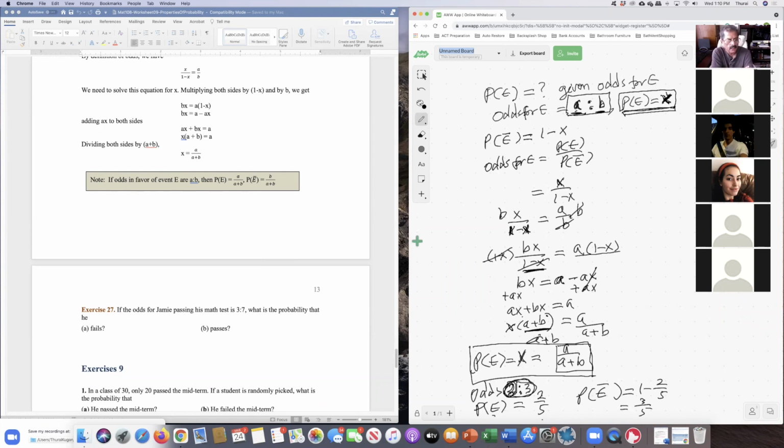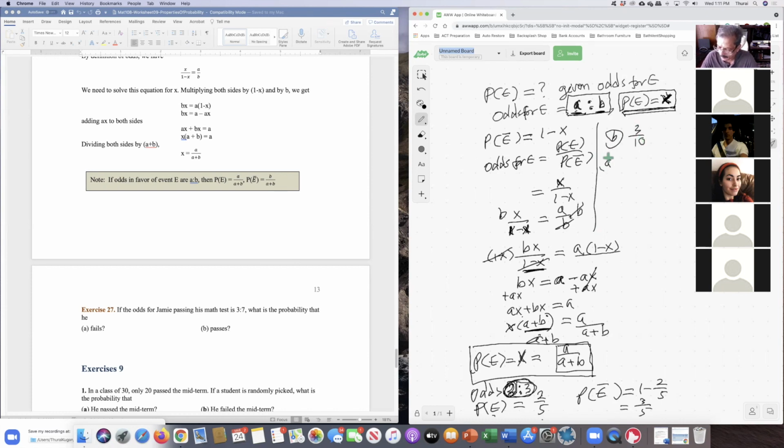So probability for passing, which is part B, can be found directly as 3 over 3 plus 7, which is 3 over 10. Yes. Once you do that, you can find the probability for failing as 1 minus that number, 1 minus 3 over 10, which is 7 over 10. Okay, answer for part B is 3 over 10.